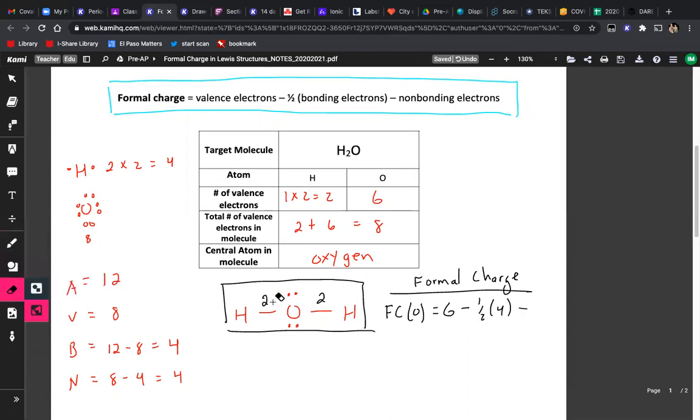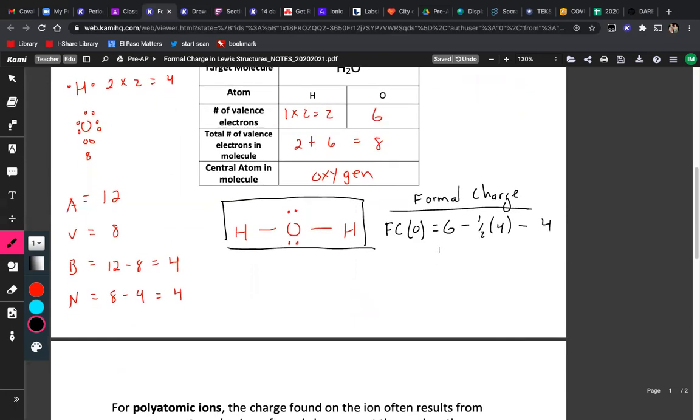Just go ahead and erase these 2's. And then we're going to subtract from that the number of non-bonding electrons, which would be 2, 4. All right. So now we have 6 minus half of 4, which is 2, minus 4. That gives us 0. So there is no charge on oxygen. The formal charge of oxygen is 0.